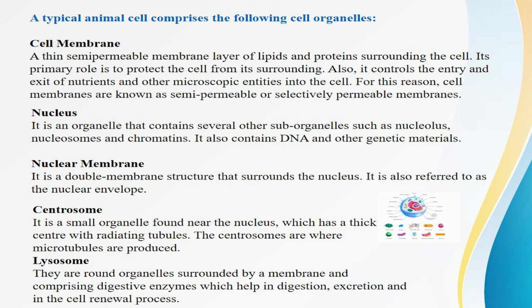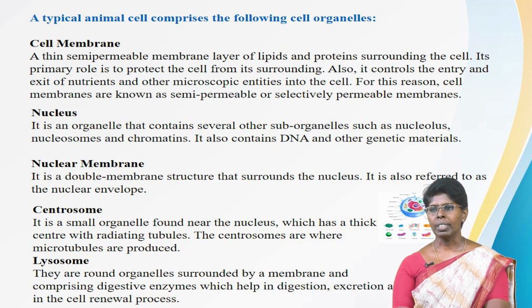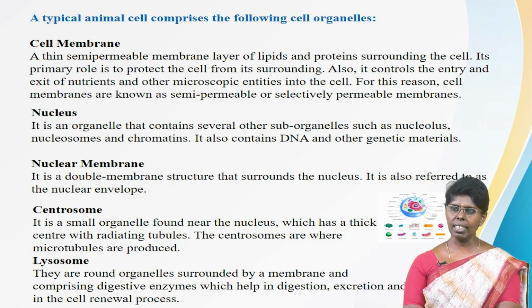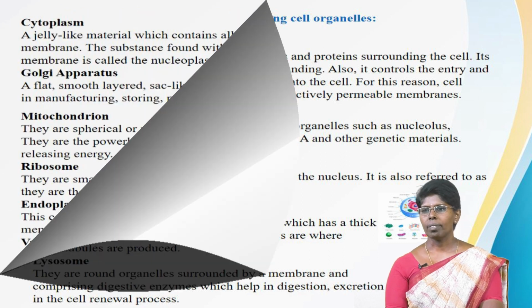The next organelle is the lysosome. They are round organelles surrounded by a membrane and containing digestive enzymes, which help in digestion, excretion and cell renewal processes. So, these are the organelles you can see in the cell, shown separately in these pictures. Next slide.